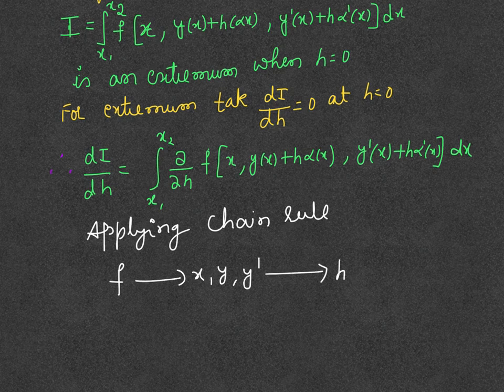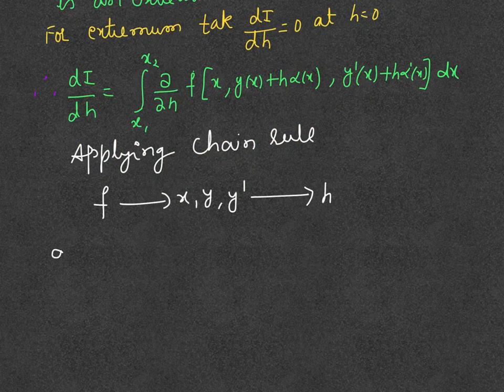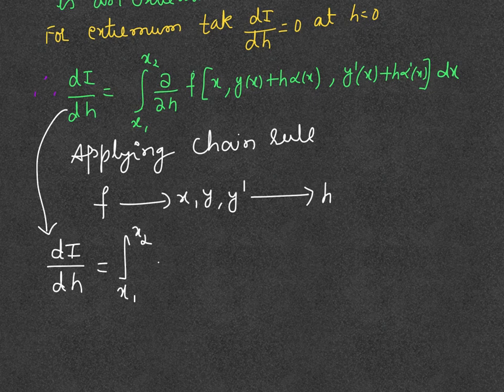So therefore dI by dh can be written as the integral from x1 to x2 of dou f by dou x times dou x by dou h.